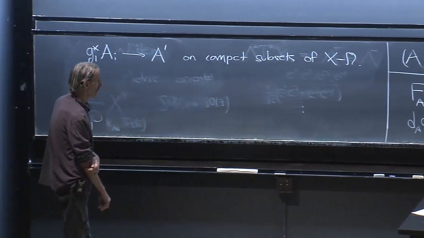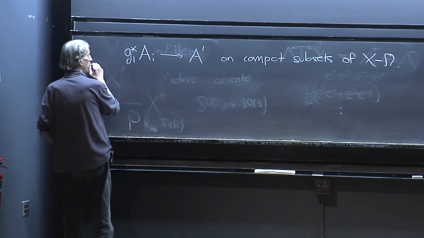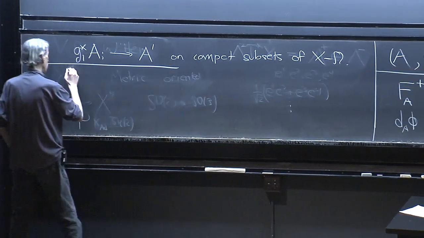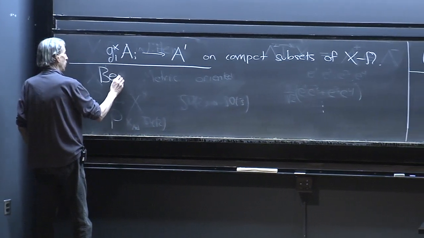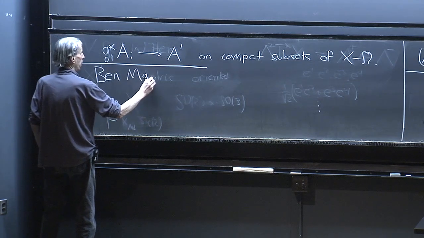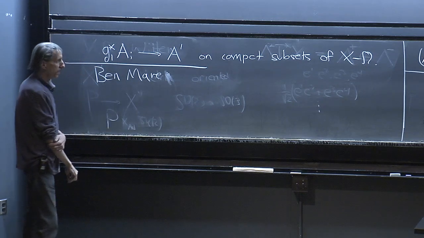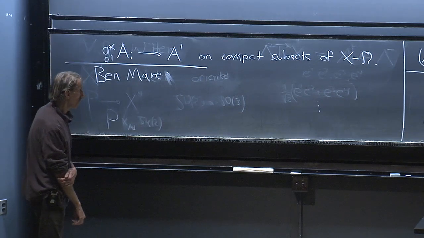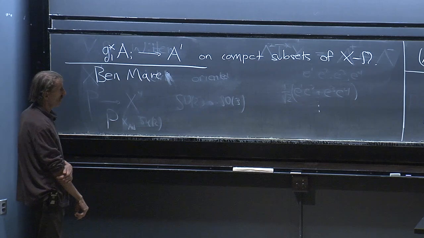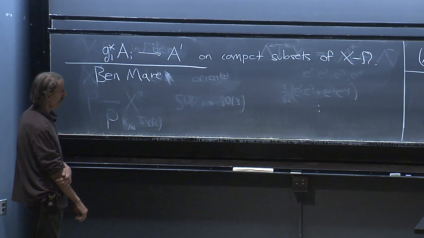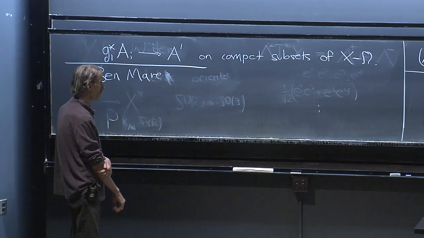The next step in the story was worked out by Ben Mares in his PhD thesis. Ben studied the behavior of solutions of these equations, but he needed an extra assumption.